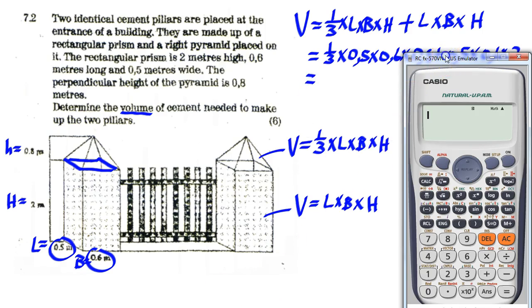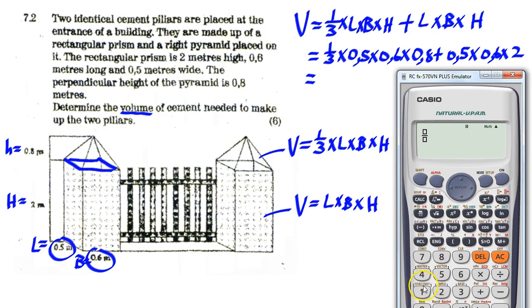Let's put that in our calculator. One-third times 0.5 times 0.6 times 0.8 plus 0.5 times 0.6 times 2.